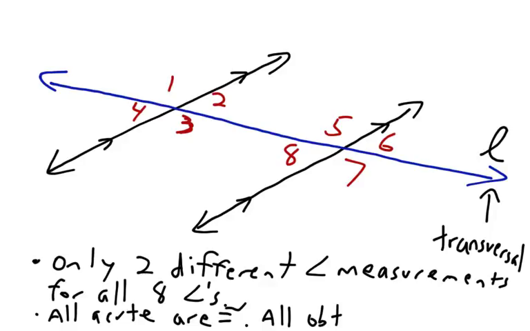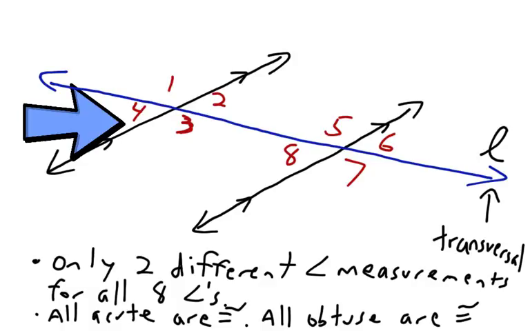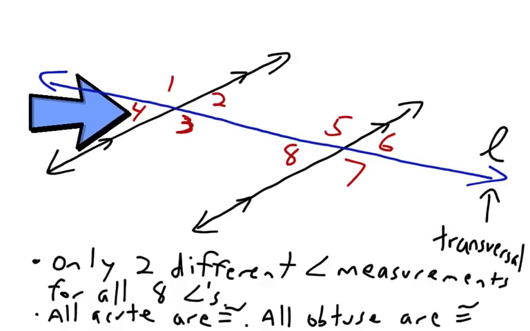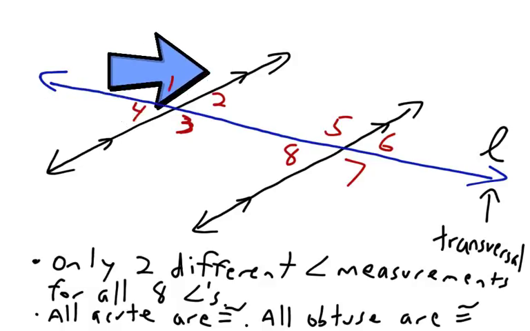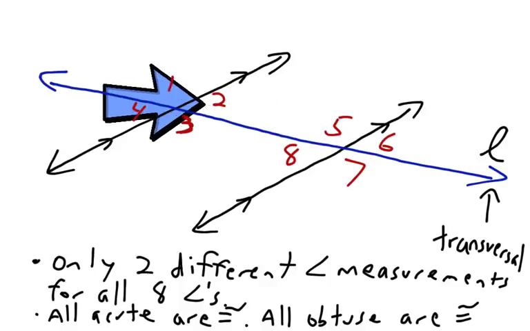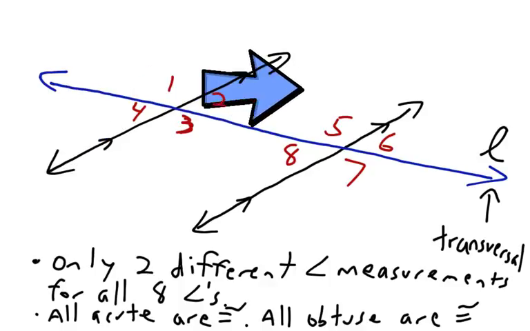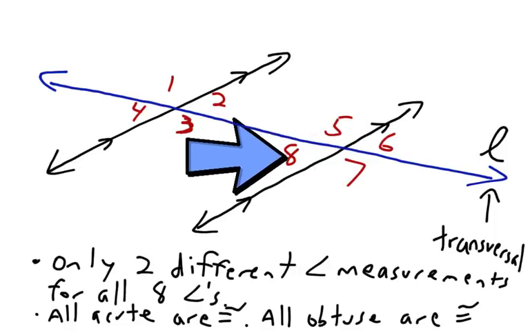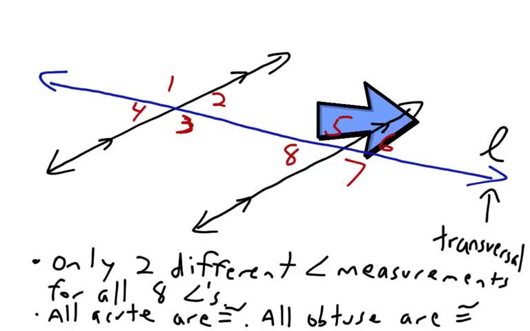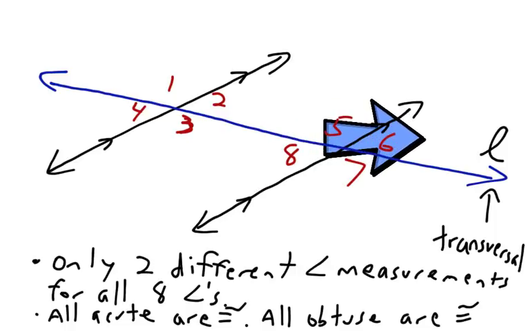Obtuse angles are congruent. And we'll talk about why in just a second. So angle 4 is acute, so is angle 2. And they're vertical angles, aren't they? What about over here? Angle 8 is acute, and so is angle 6.